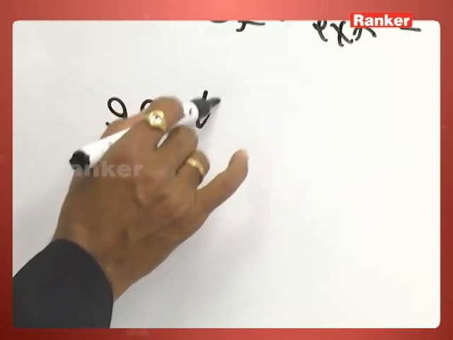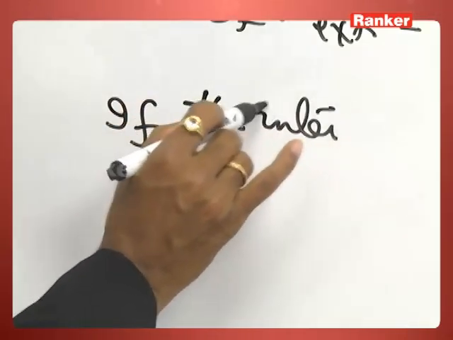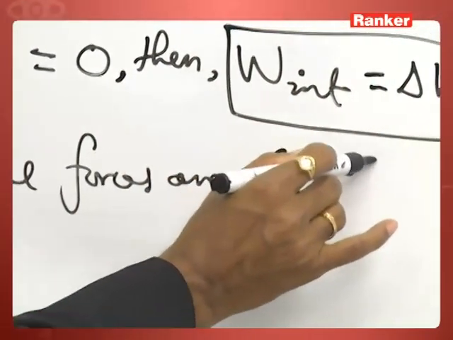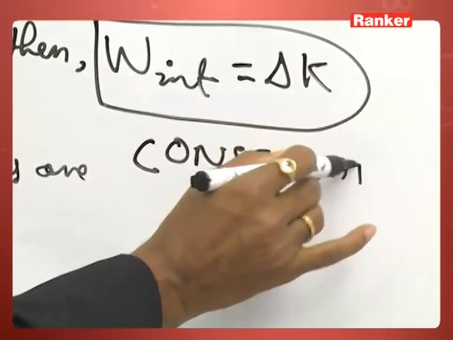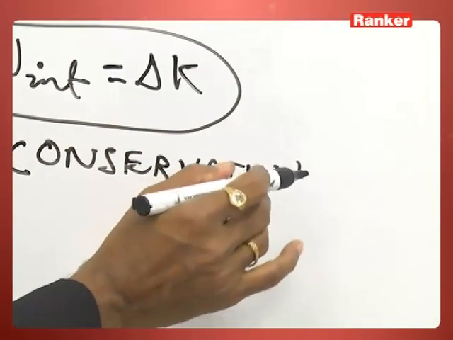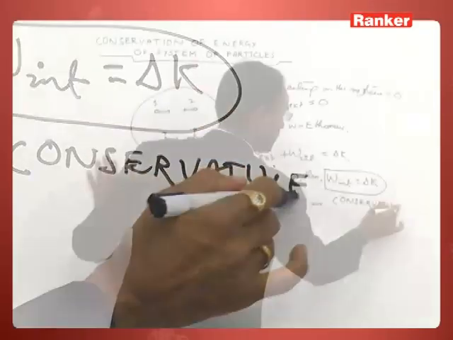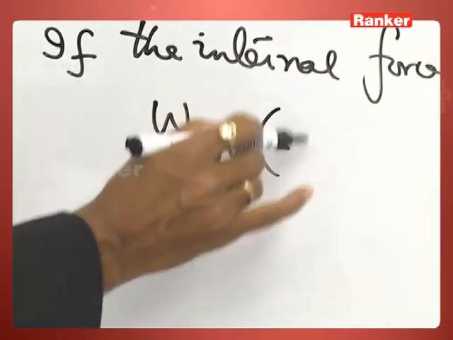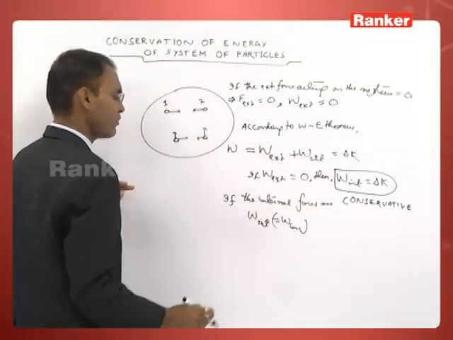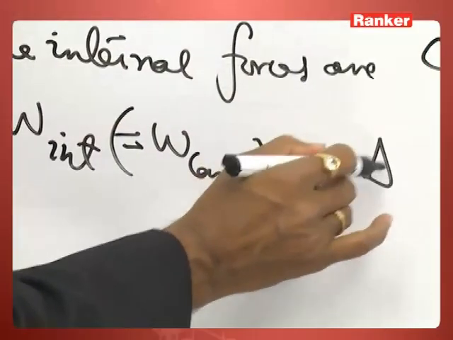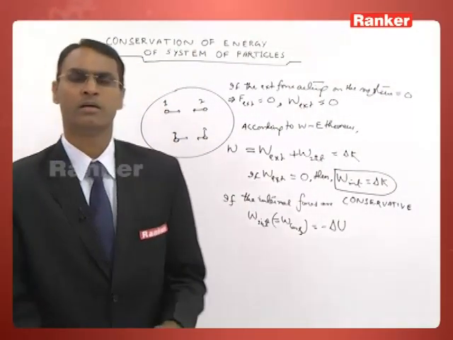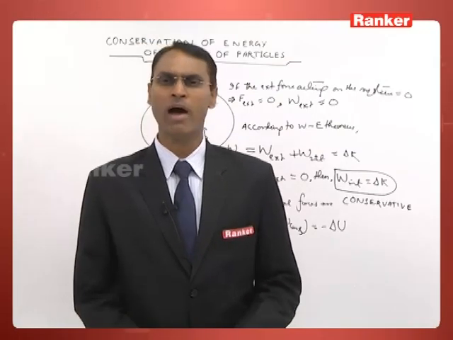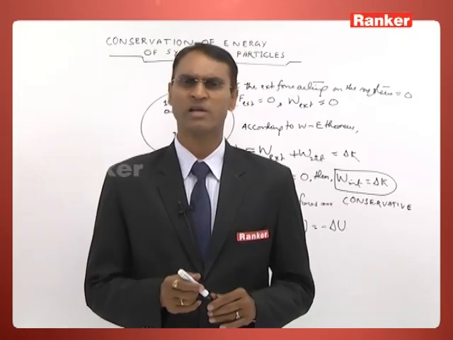If the internal forces are conservative in nature, the work done by the internal forces, that is the work done by the conservative forces, is equal to the negative of change in its potential energy. You know that in a conservative force field, the conservative forces perform work at the expense of the potential energy of that field.